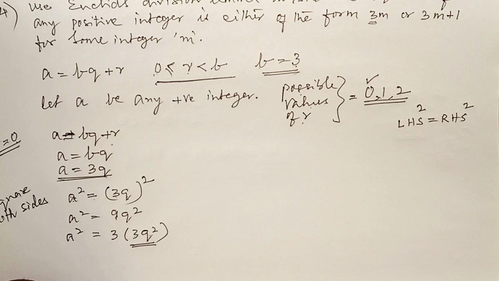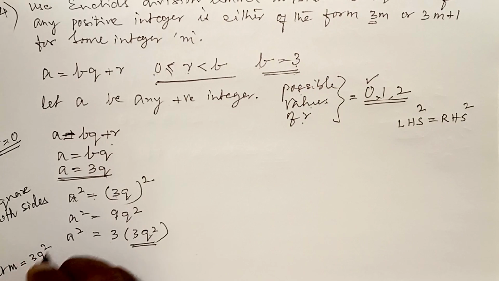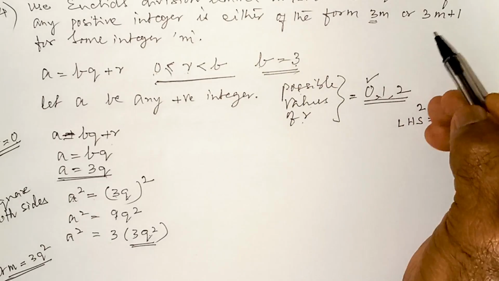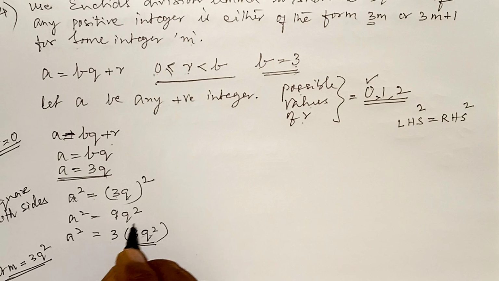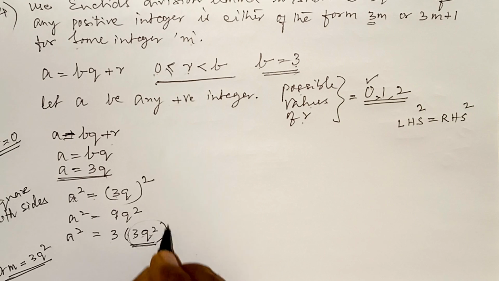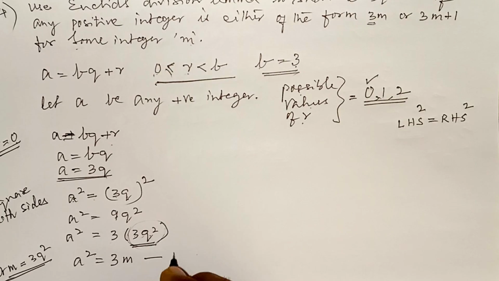So we let m be equal to 3q square. This is already written in the question itself, some integer m. Therefore, you can treat this as m. a square is equal to 3m. This is one observation.